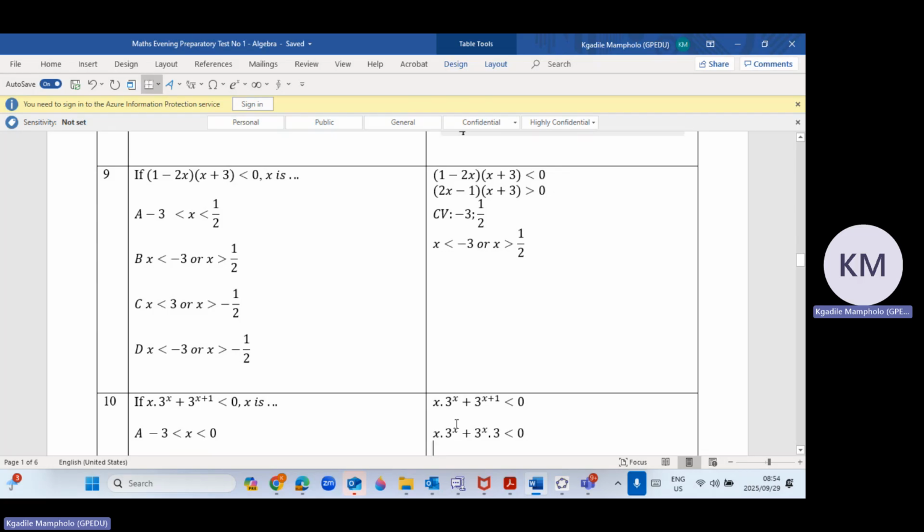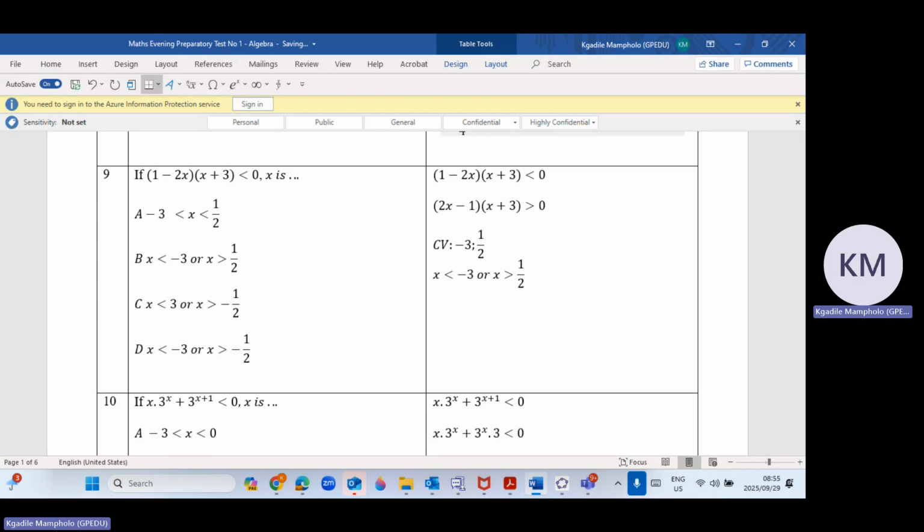Now, question 9. Learners, I just want to emphasize this. We know that most of you use the diagram to interpret the solution of the inequality.